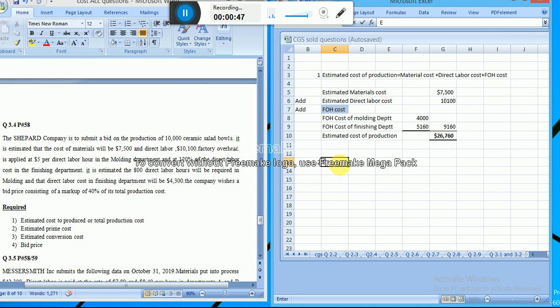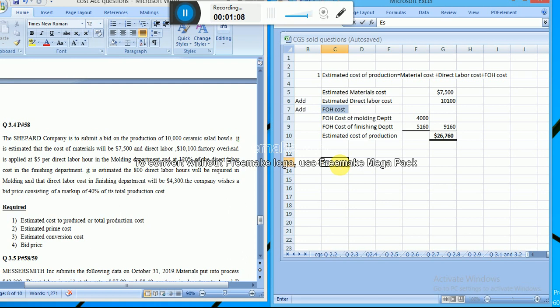Prime cost is that cost which takes place in the beginning stage of manufacturing. It is the combination of direct materials and direct labor cost.